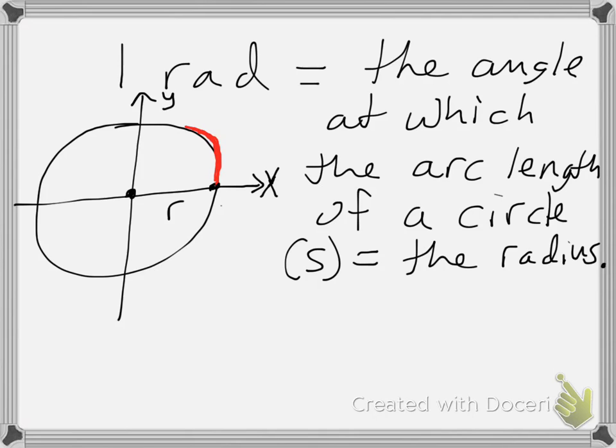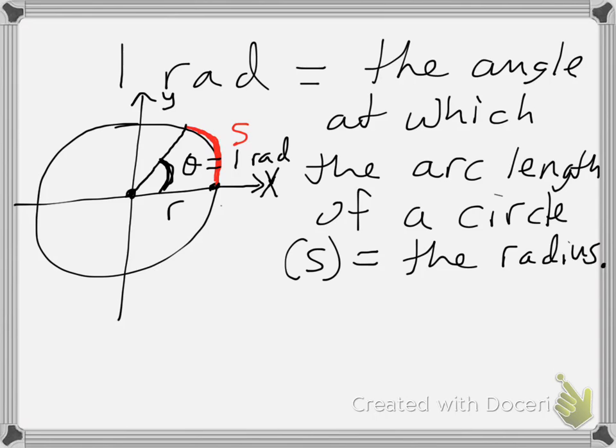We call this the arc length S. And the point at which, if I were to unstretch this arc length and measure it, that measurement would be equal to the radius, that particular angle right there is equal to 1 radian.